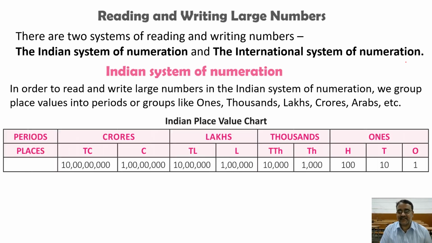So this is the place chart, right? This is ones place, this is thousands, 1000 and 10,000, lakhs, 10 lakhs, crores also. ठीक है, ये periods है और ये places है, right?